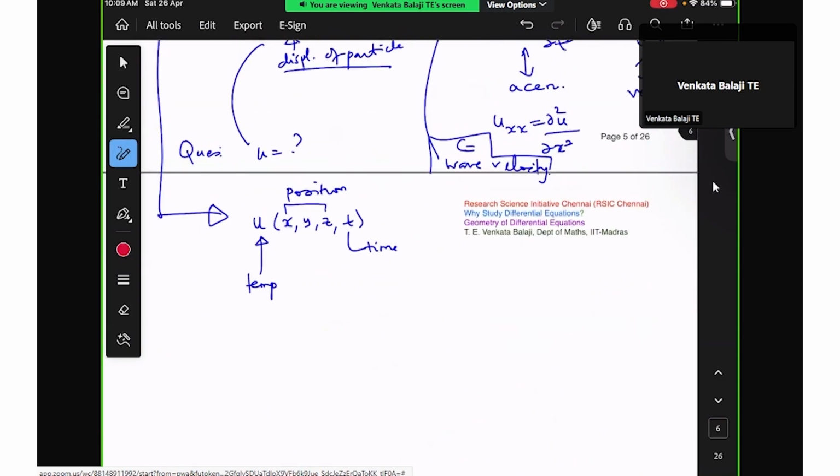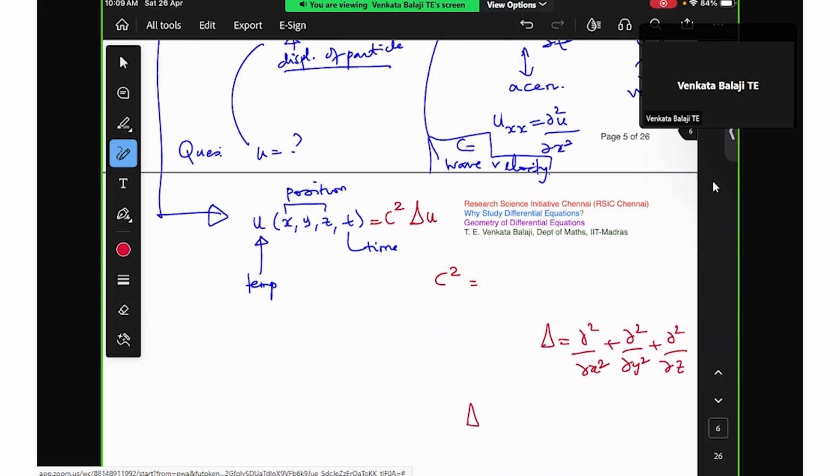Let me write this as c squared times delta u, where in mathematics delta is del squared by del x squared, the Laplacian operator, plus del squared by del y squared plus del squared by del z squared.